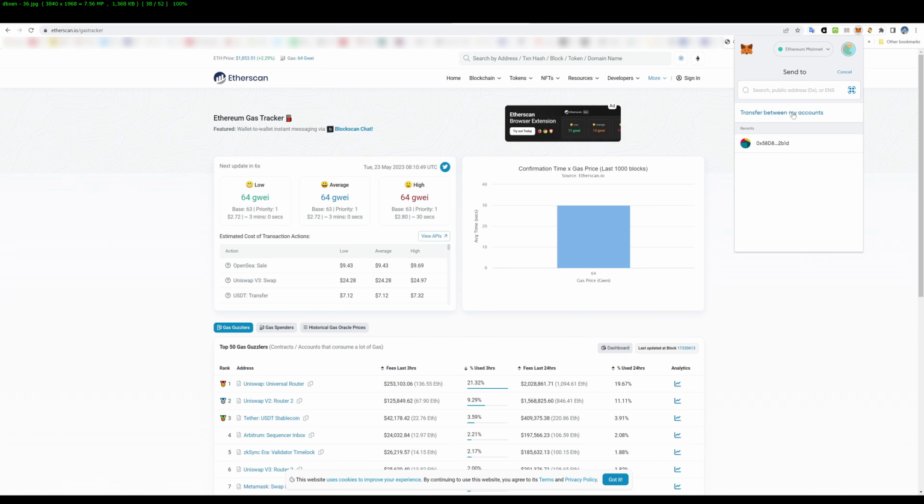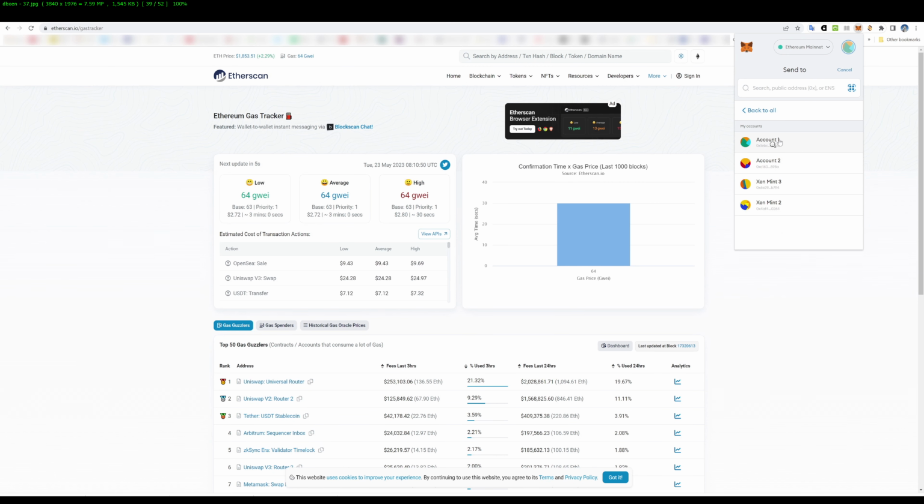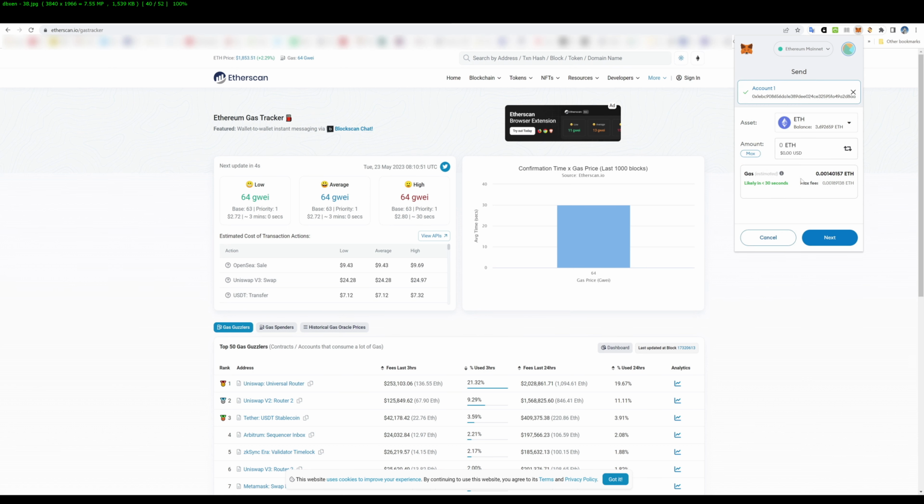and cancel it. So you go into MetaMask and do a transfer between your accounts. Click on the send link in MetaMask, and you will be prompted by this page, and then click on the account you did the burn from. So you will send to yourself. You can just leave it at 0 Ether and click next.